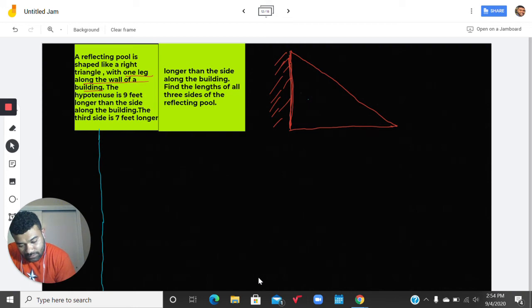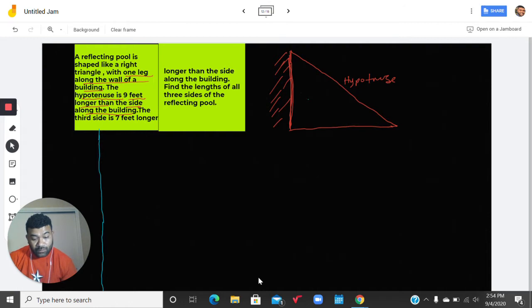And then it says the hypotenuse is 9 feet longer than the side along the building. So this guy right here, which is our hypotenuse, is 9 feet longer than the side of the building.